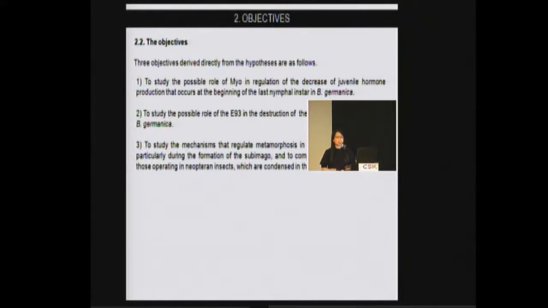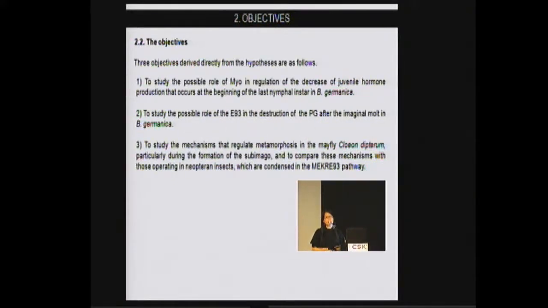Second, to study the possible role of E93 in the destruction of the prothoracic gland after the imaginal molt, also in Blattella germanica. And the last objective, to study the mechanism that regulates metamorphosis in the mayfly Cloeon dipterum, particularly in the formation of the subimago, to compare this mechanism with those operating in neopteran insects.